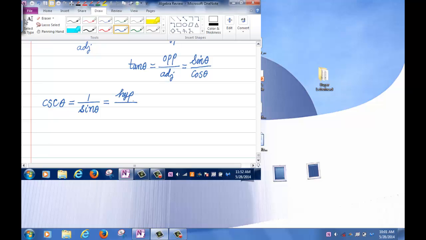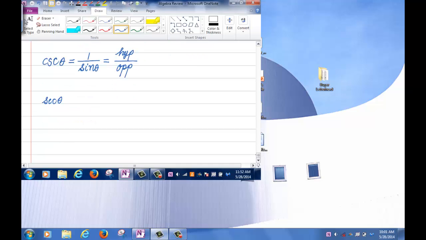So this would be hypotenuse over opposite. It's the reciprocal of sine. What is secant? Secant of theta. Yeah, very good. 1 over cosine theta, which would be hypotenuse over the adjacent.